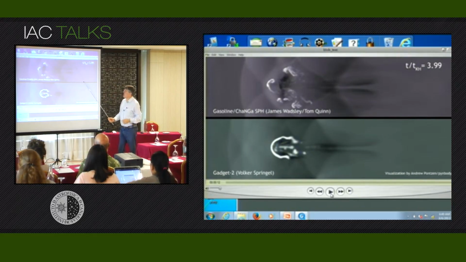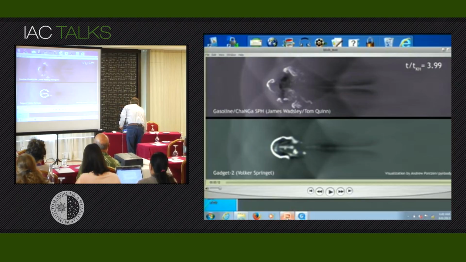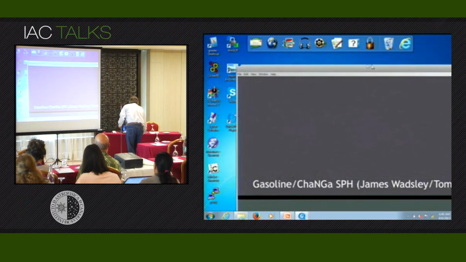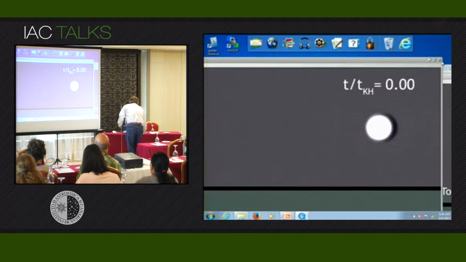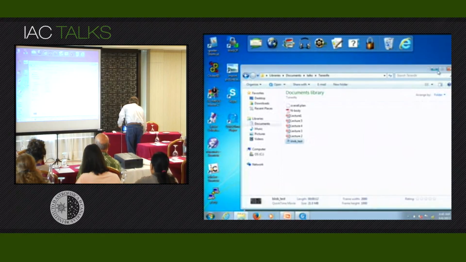Whereas in the Changa simulation, it does. And so this turns out to be rather important for the astrophysical applications. You can see the blob has almost completely disintegrated as a result of those Kelvin-Helmholtz instabilities, whereas although it's changed shape, it's still intact in the original Gadget.